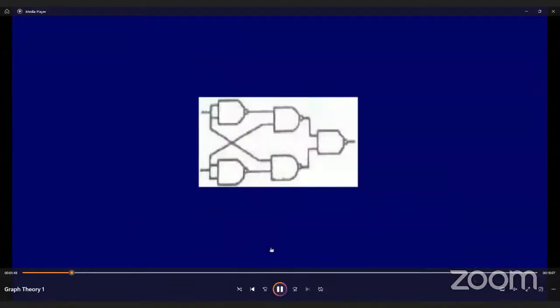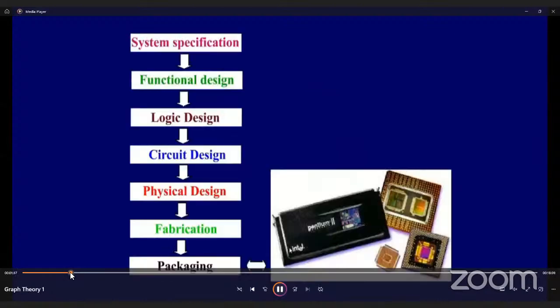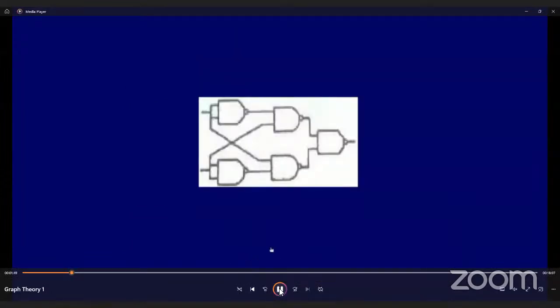Now, where do we actually need graph theory? That is the circuit design.